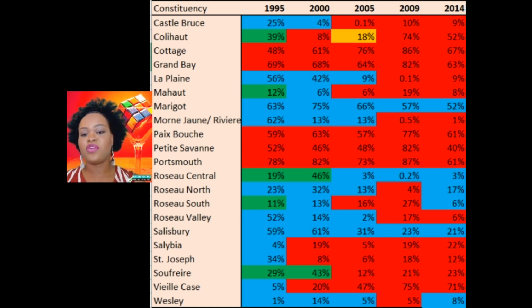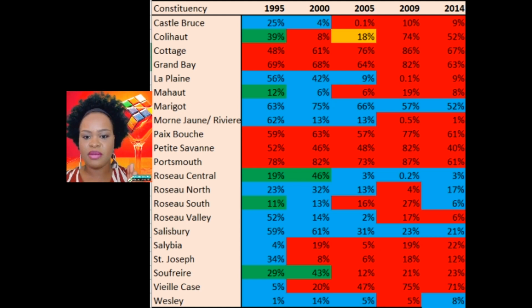In order for the United Workers' Party to win that constituency, they would have to come up some of that 9%, and the Dominica Labour Party would have to come down some of that 9%, and depending on how far they come up or down, we could have the United Workers' Party now leading and the Dominica Labour Party now behind. So this is the importance of the margin.